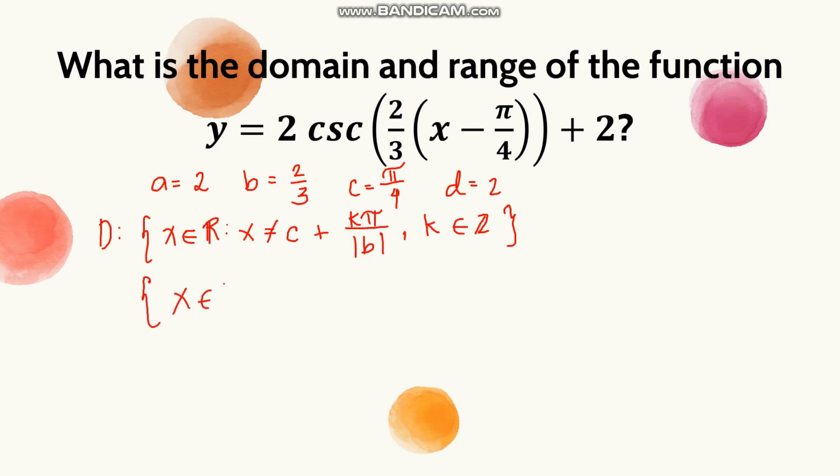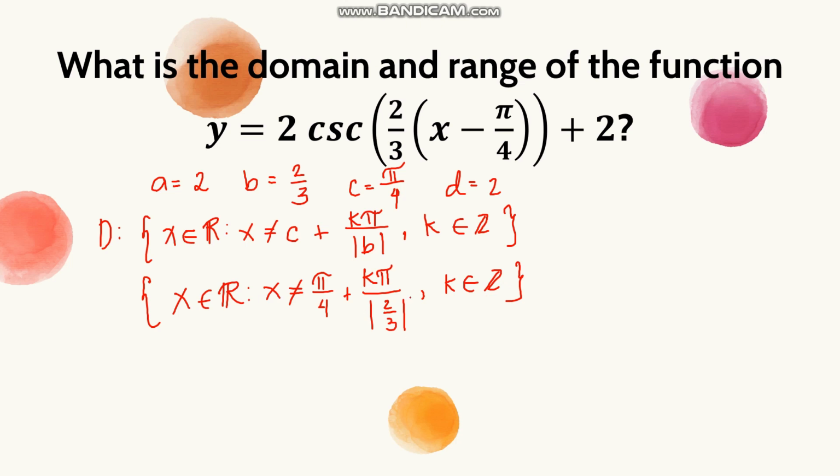X is an element of real numbers, then x is not equal to pi over 4 plus k, just write k, also pi, over absolute value of b. So our b is 2/3. And you write k is an element of integers.